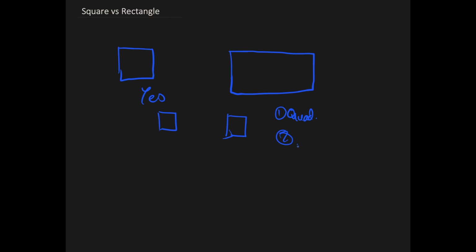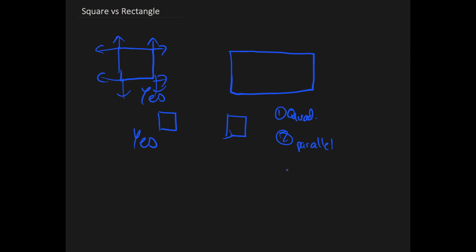Number two, parallelogram. Is a square a parallelogram? Let's see. Yeah. If we go on in both directions, it will never intersect. So yes, it's a parallelogram.